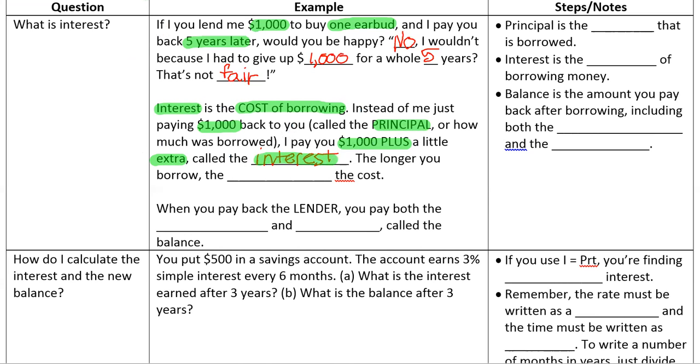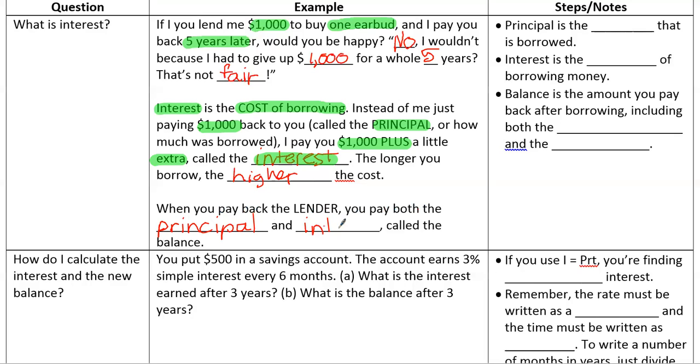The longer you borrow, the higher the cost. Which makes sense, because if I borrow for a long time, you should be expected to get more money back. When you pay back the lender, you pay both the principal, the amount that you borrowed, and the interest.